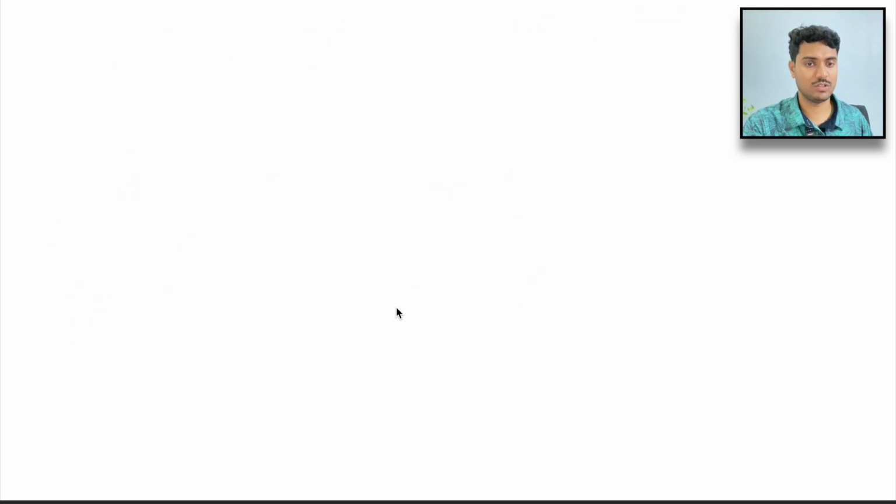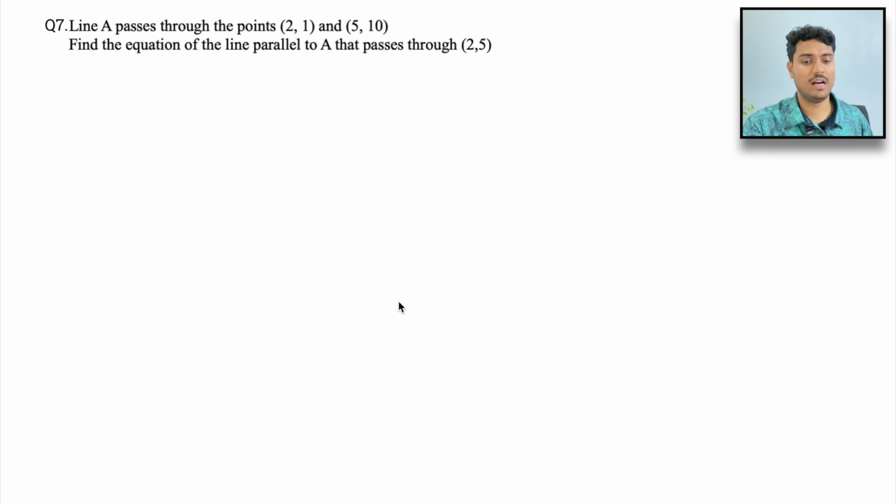Let's check one more question. Question number 7 says a line passes through points (2, 1) and (5, 10). There is a line which passes through these 2 points. Let's say it is like this. This is (2, 1) and this is roughly (5, 10).